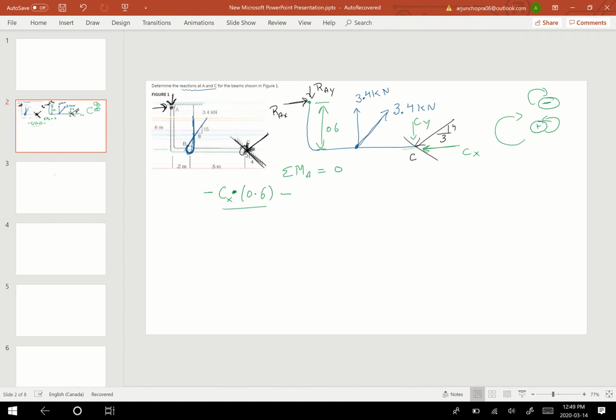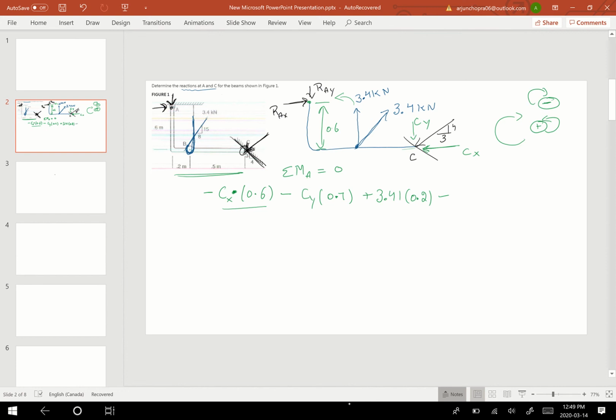So this is negative, and minus CY, again trying to rotate in the clockwise direction, so CY times the distance, which is 0.7, and then there is a force of 3.4 kilonewton plus 3.4. This is trying to rotate it in the counterclockwise direction, so this is 3.4 times 0.2, and then another force.